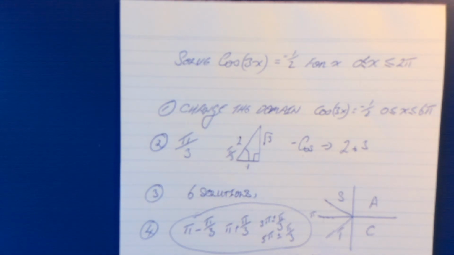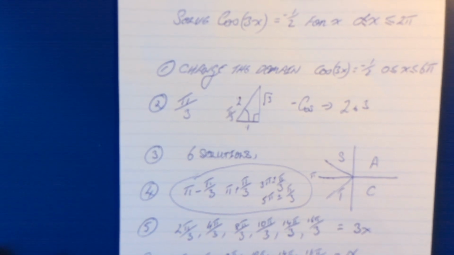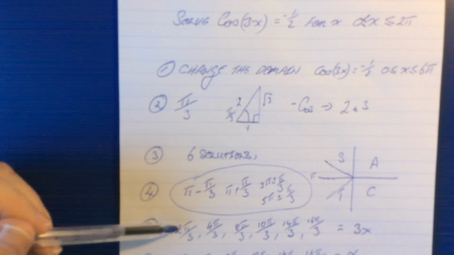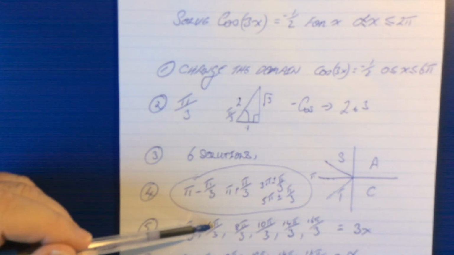Now, my next step is to simplify those angles. So pi minus pi on 3 is 2 pi on 3. Pi plus pi on 3 is 4 pi on 3.